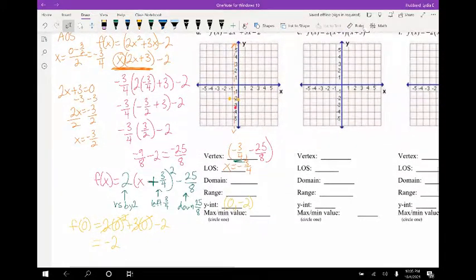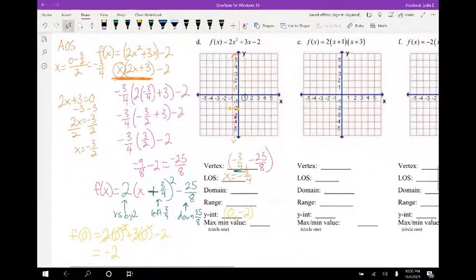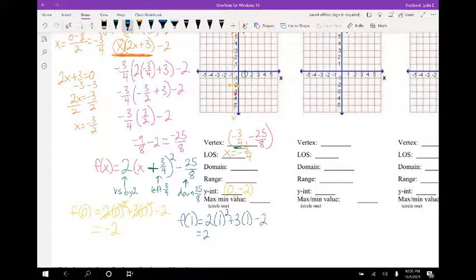So I'm going to plug in a +1 into the original equation, just so that I have to deal with a few less fractions. And I'll say f of 1 equals 2 times 1 squared plus 3 times 1 minus 2. 1 squared is just going to be 1. So this will be 2 plus 3 minus 2, which will just be 3.